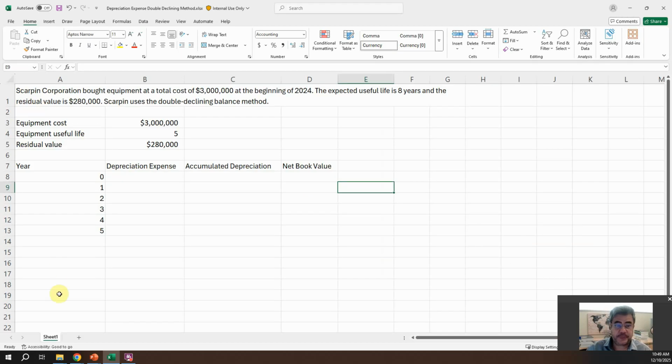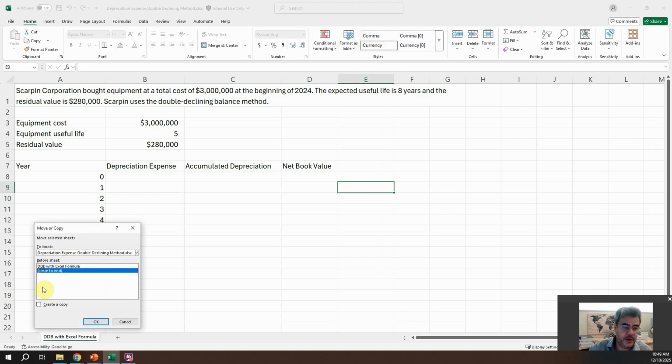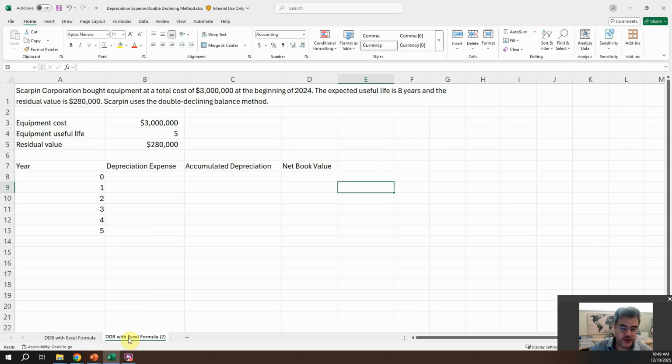So first, let's go here, double declining balance with Excel formula. Let's copy here. You will get the copy version. And here, without Excel formula.